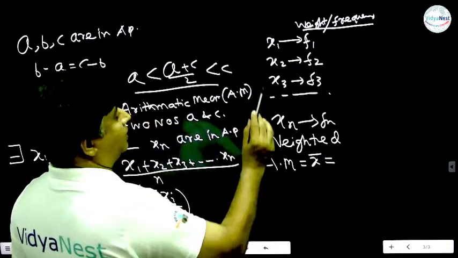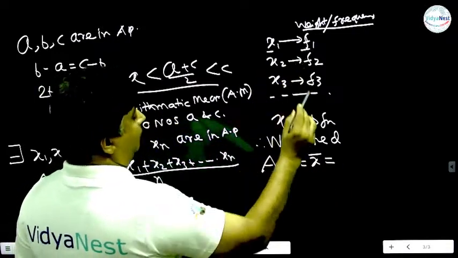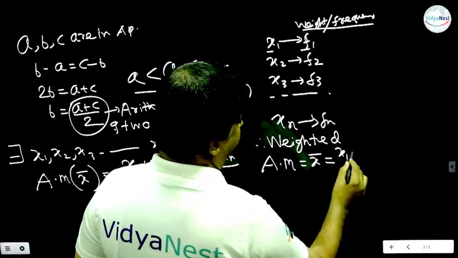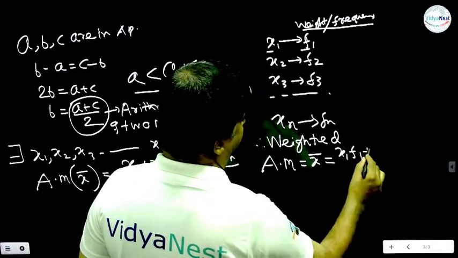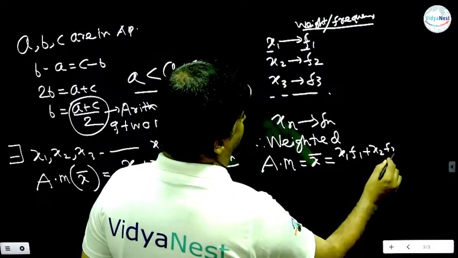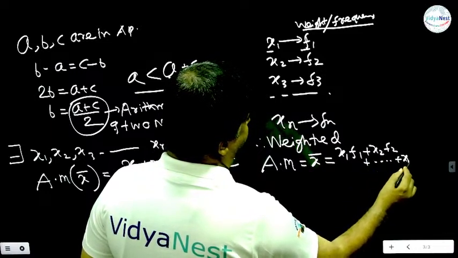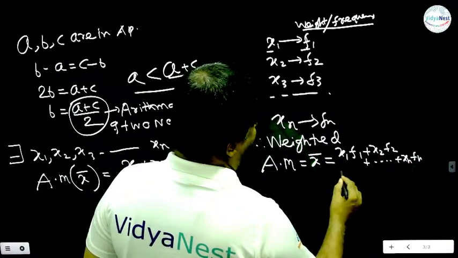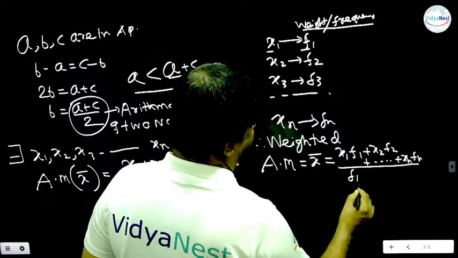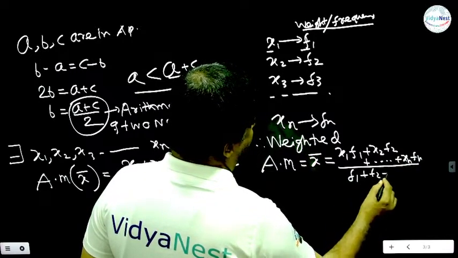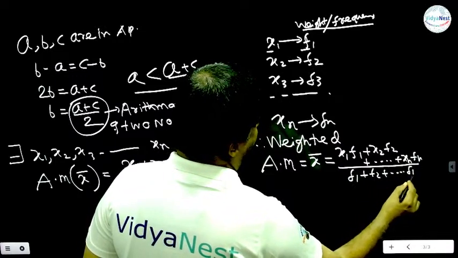What is that? X1 into F1, X2 into F2, up to Xn into Fn, by F1 plus F2 up to Fn.